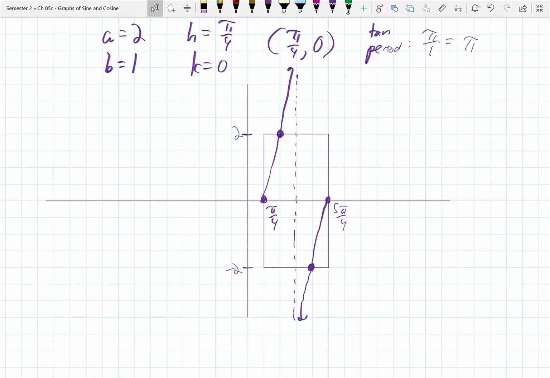I'm going to draw 2 more, one to the right and one to the left. So this is the one to the right. This is going to continue like this, and this is going to go like that. And then the one to the left, I'm going to go down to the bottom where this one was.